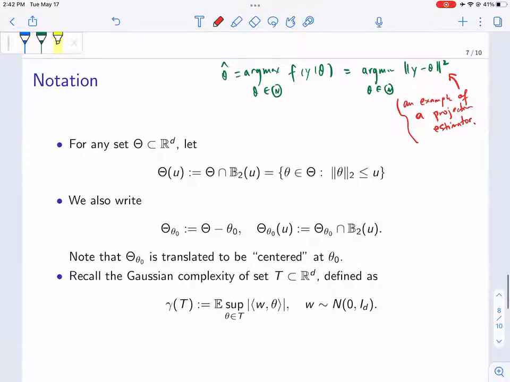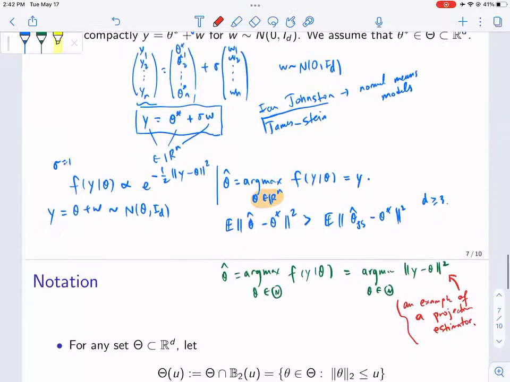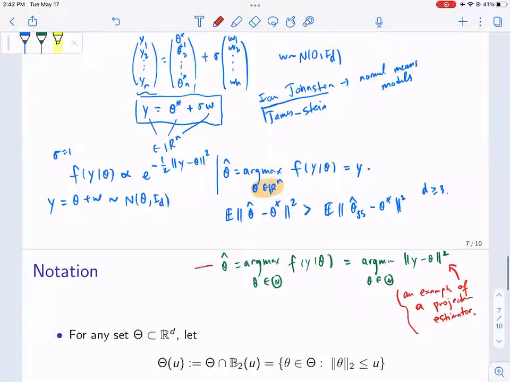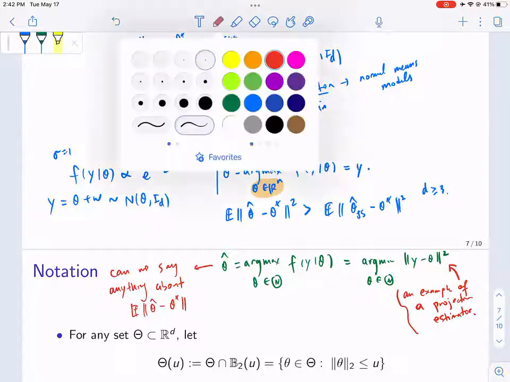Now what I want to do is try to understand this projection estimator. Can we say anything about something like the expectation of the norm of theta hat minus theta star, where theta hat is the restricted estimator, as opposed to the unrestricted MLE?